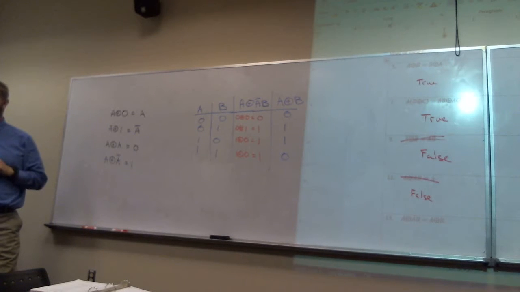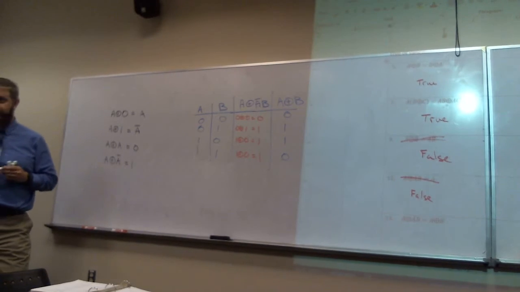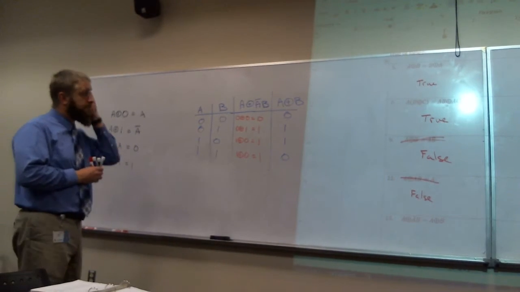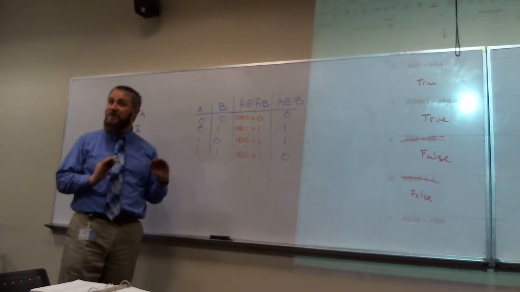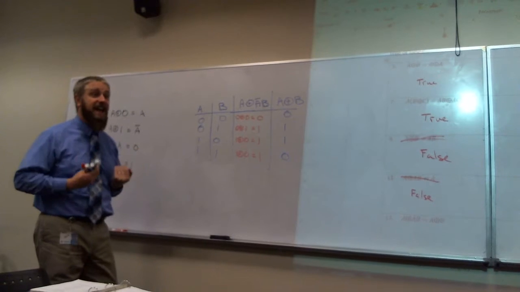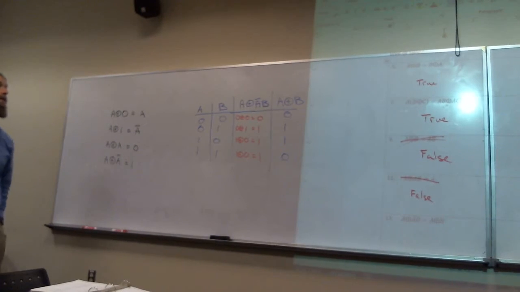They are not the same. Even though in both of these cases there's just one row difference, that's enough. They have to be exactly the same before you can say they're equal.